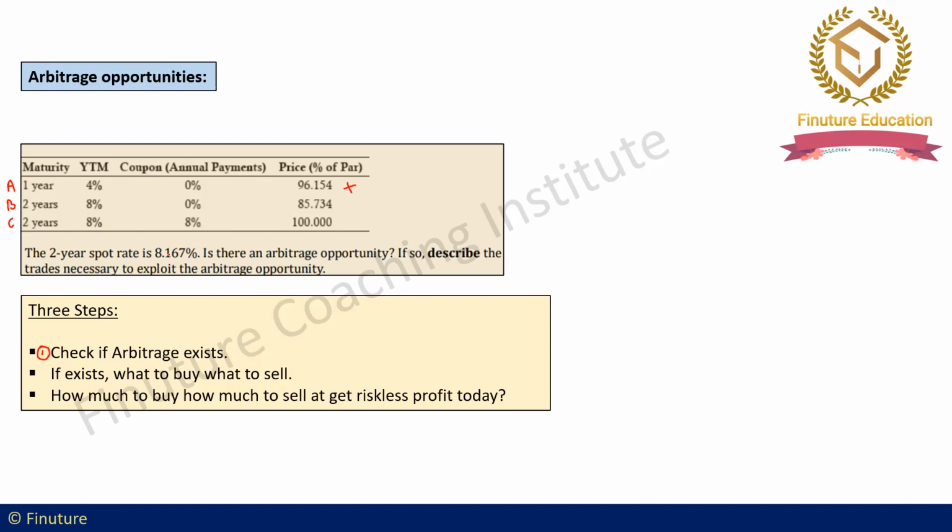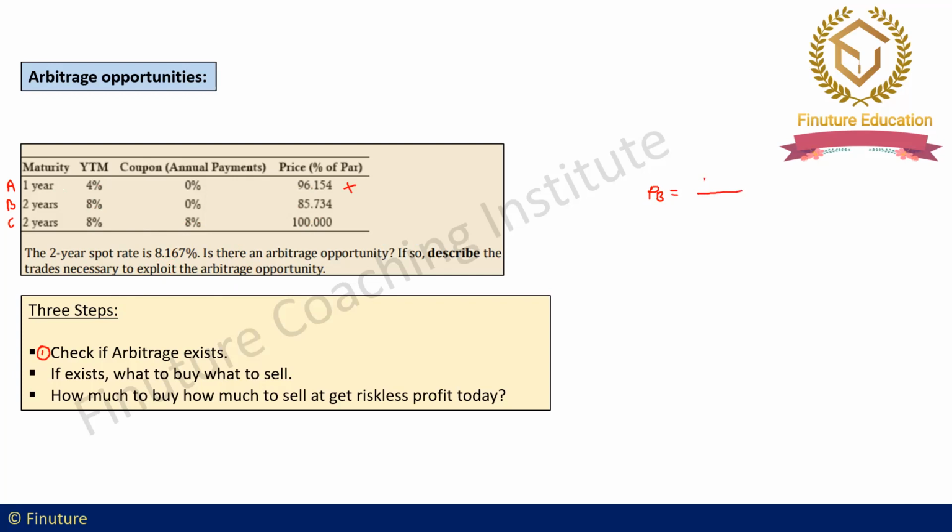So let's have a look at what impact it has on the 2 year bond. Initially your YTM was 8%. For a zero coupon bond, YTM and spot rates are the same. So let's see what the price of bond B is with the new spot rate.